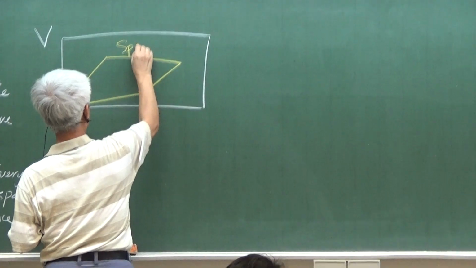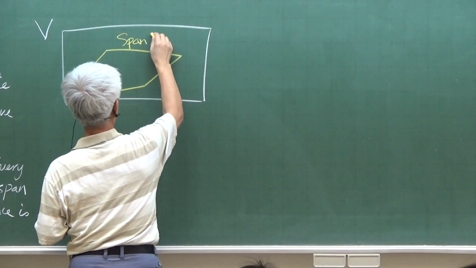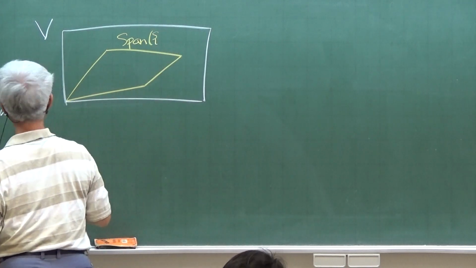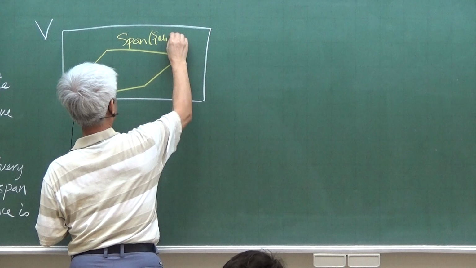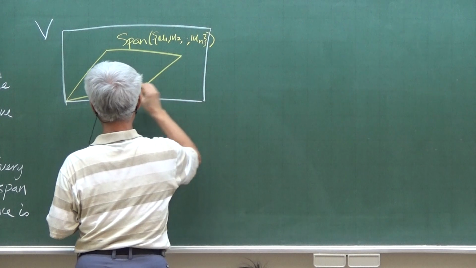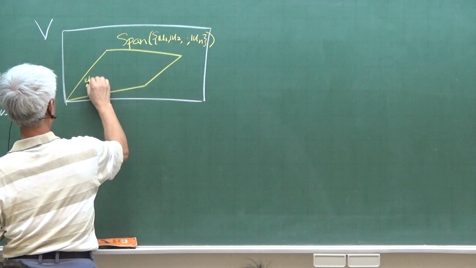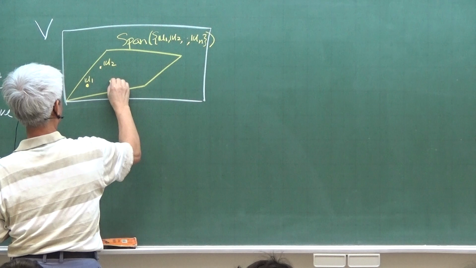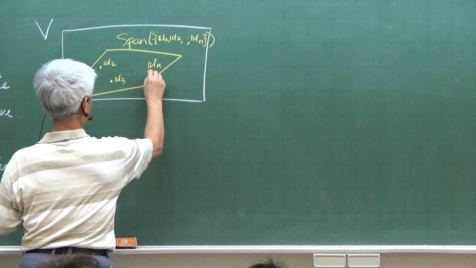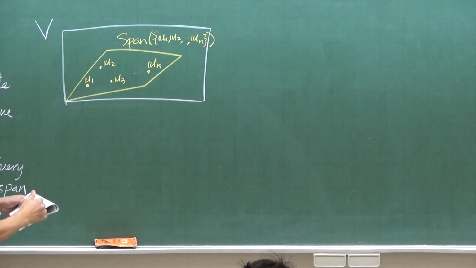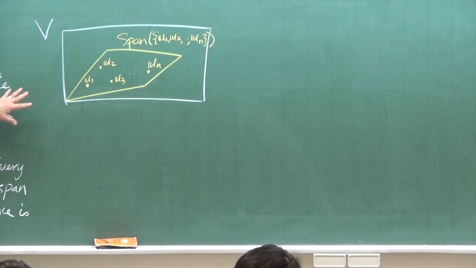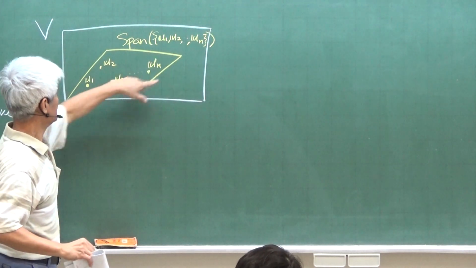This is the span of a set, say U1, U2, U3. Okay, so we have a set of n vectors in the vector space, and it spans this subspace.